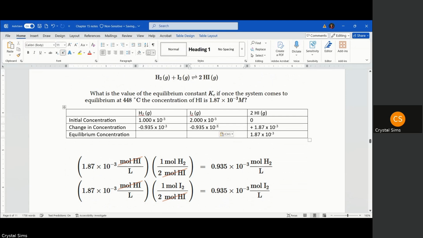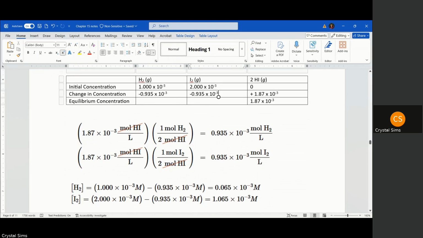So now we have our change. We use the change in concentration of our product to determine the change in concentration of the reactants. So now we can calculate the equilibrium concentrations by subtracting, and that's our next step.